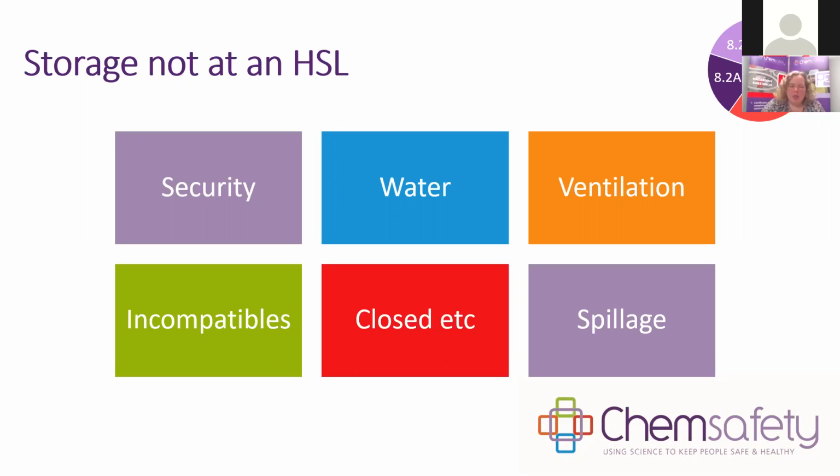We also need to make sure that they're kept away from sources of heat, are securely closed, and are kept in a way that would avoid spillage. And then we also need to have appropriate spill retention measures in place, so that if you are opening containers or decanting, then any spill is able to be contained, and then we can use our equipment and neutralising materials to get that all cleaned up.